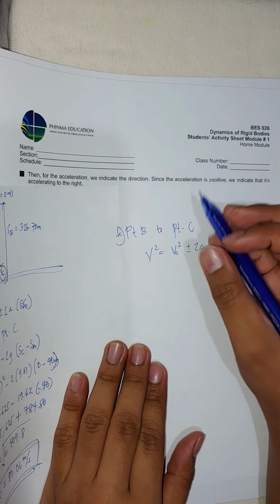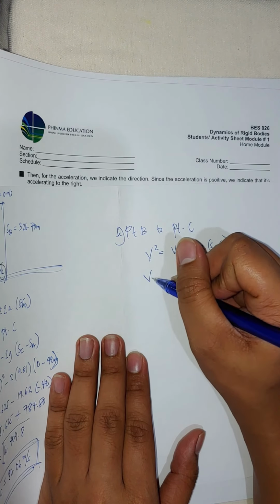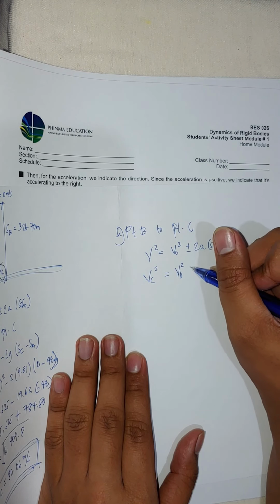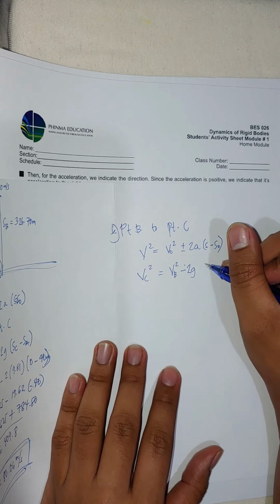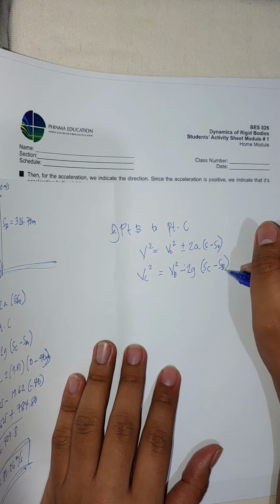Okay. So from B to C, initial, final. So the final velocity is VC squared. Initial velocity is VB squared. Negative acceleration due to gravity, minus 2g, times final height minus initial height.